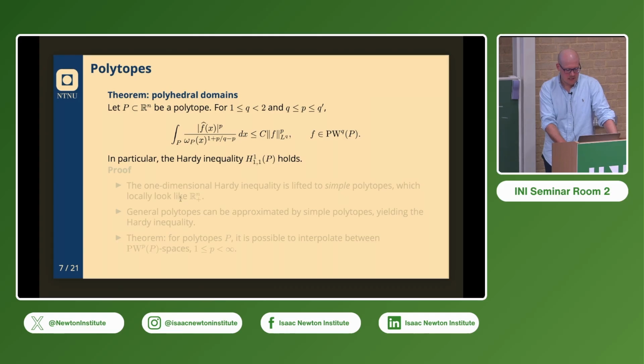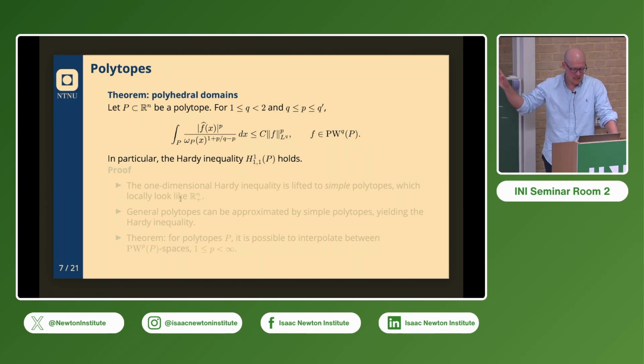Okay, so one result is this. If you take a polytope, and polytopes in dimensions 3 and higher can be complicated. In 2 dimensions this is not so surprising, but in higher dimensions polytopes are not so simple.